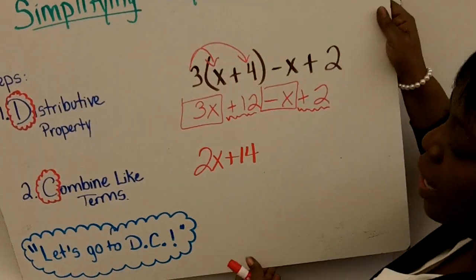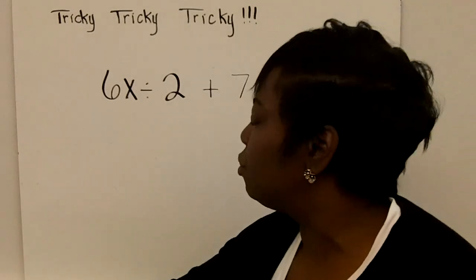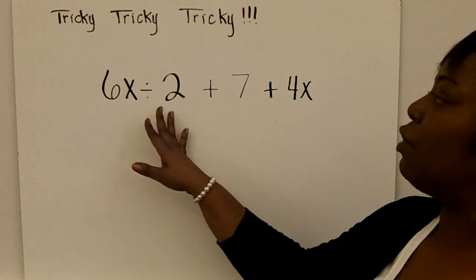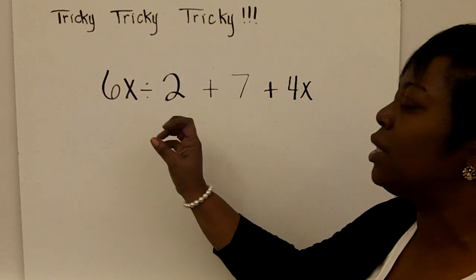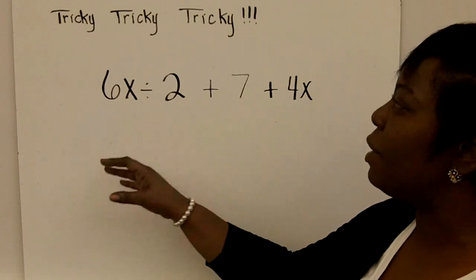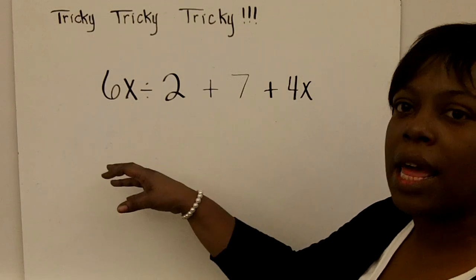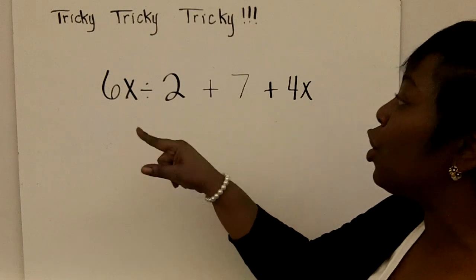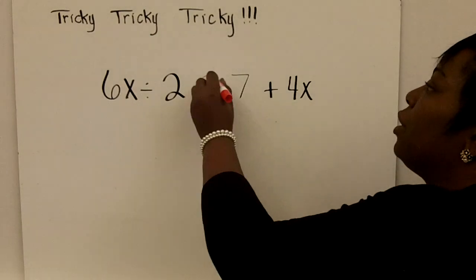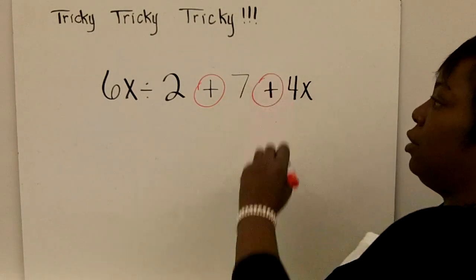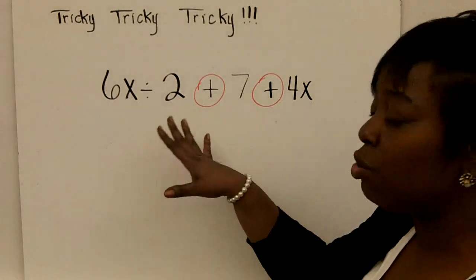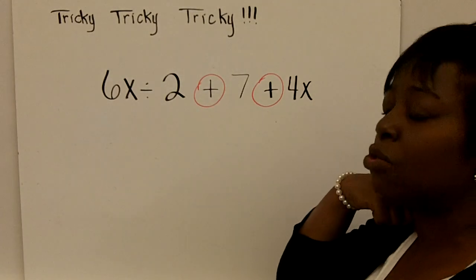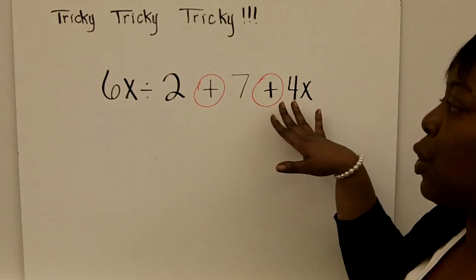Now, sometimes it can get a little tricky. When it gets a little tricky is when they throw in division. Sometimes the students tend to forget the very basics of combining like terms, and that is that your terms are separated by either addition or subtraction. So when you're given an expression, you might want to look for those additions and subtractions and then identify your terms.